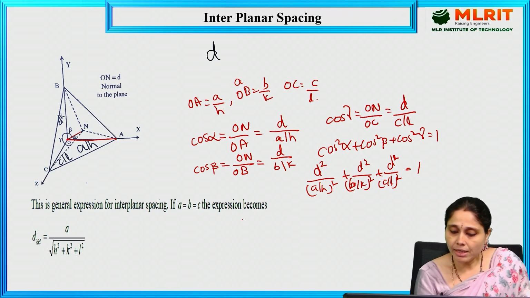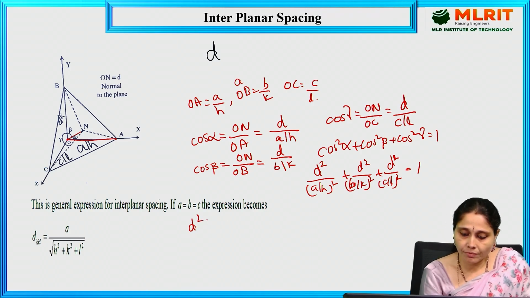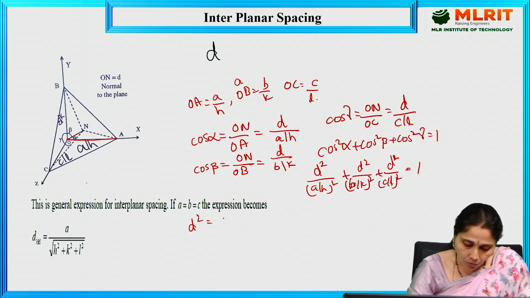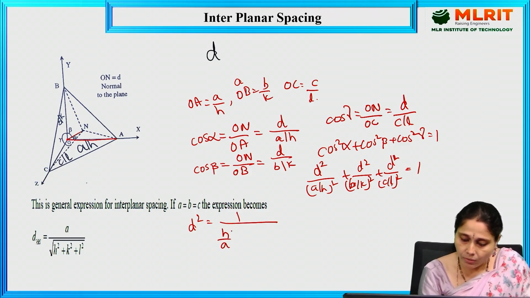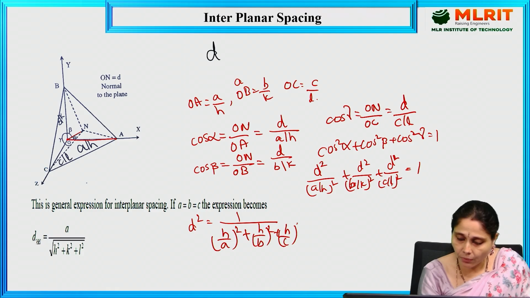Now, what is D square over here? D square is equal to 1 by (H by A) whole square plus (K by B) whole square plus (L by C) whole square.